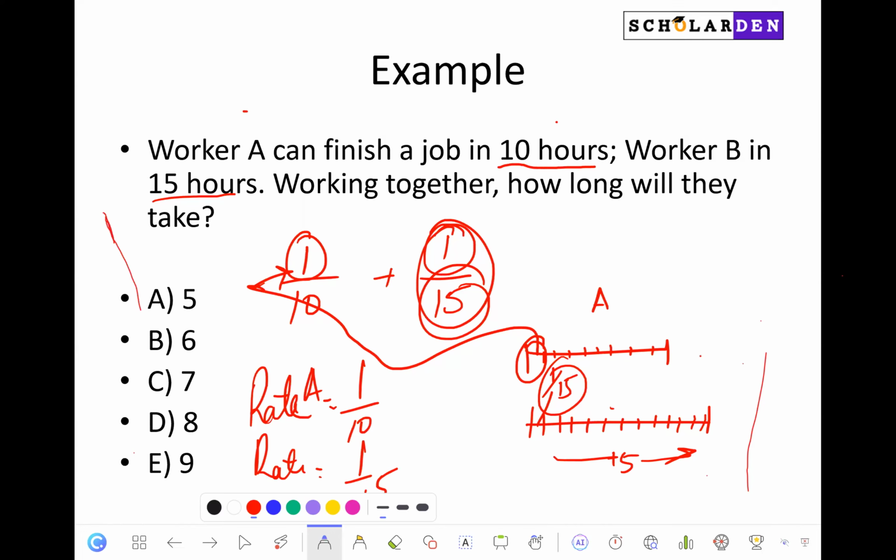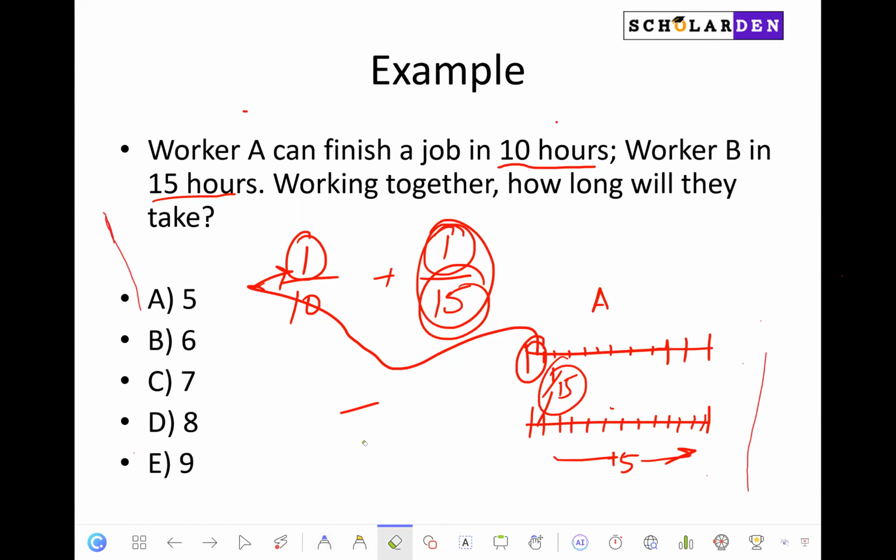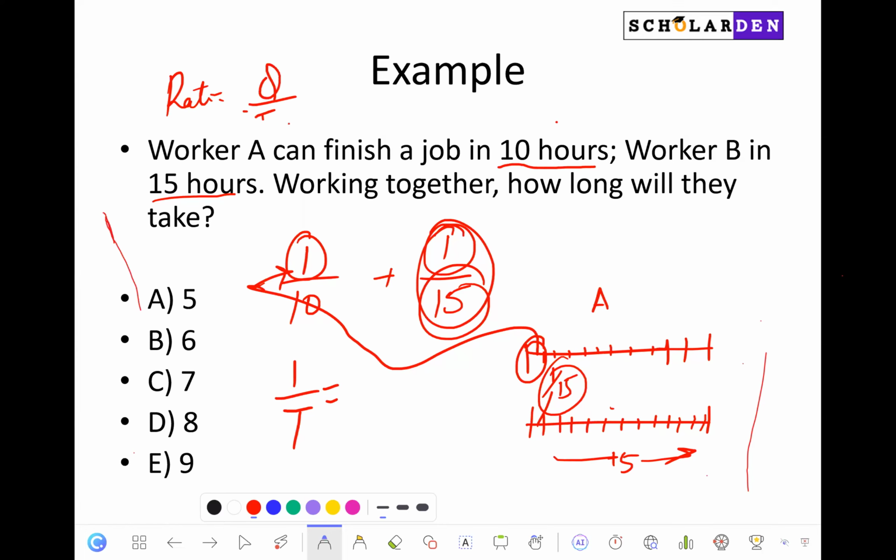Sorry, this should be over here because the volume of work is the same, only the gradients are changing. Yeah, exactly. So what you're getting is the smallest unit of work that is being done by worker A, and the smallest unit of work that is being done by worker B. Or more simply, as one of your friends has very rightly mentioned, why? Because your rate is equal to quantity over time.